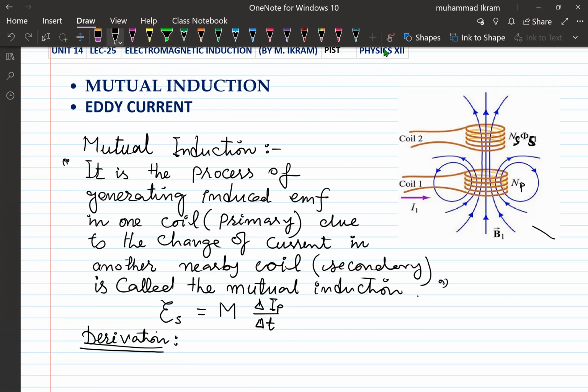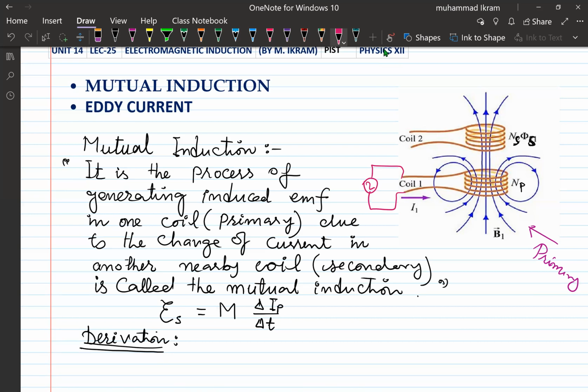So this one is our primary coil. This is primary, right? Why? Because it is connected across the source of changing current, maybe AC like this, or it may be a variable resistance with a battery.